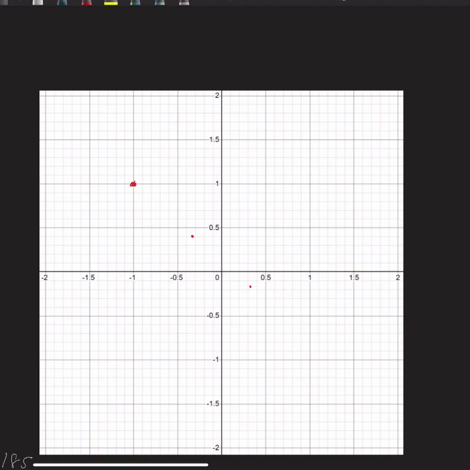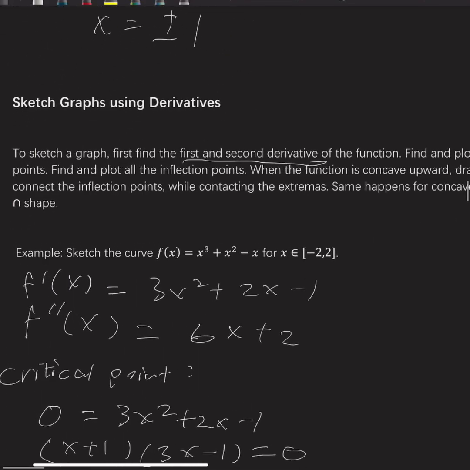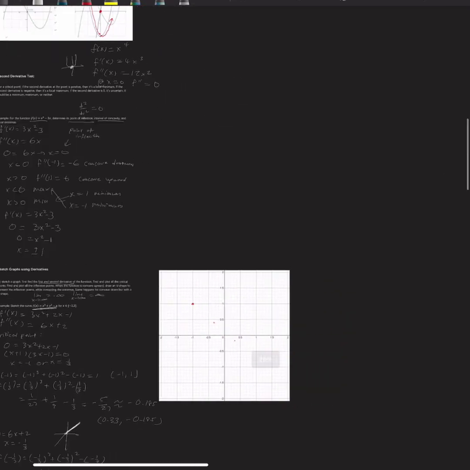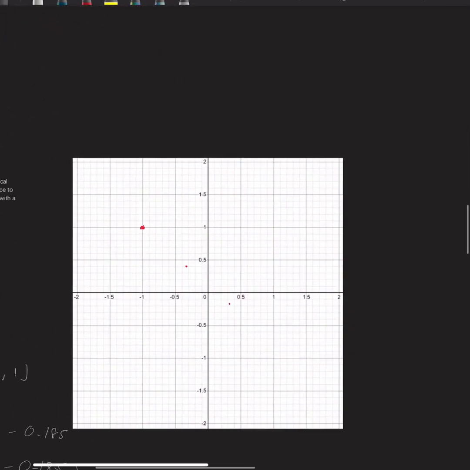We can plot the function, and we can find the end behavior. The limit as x approaches negative infinity is negative infinity, and the limit as x approaches infinity is infinity. So we have all these points, and with the information we can plot this.